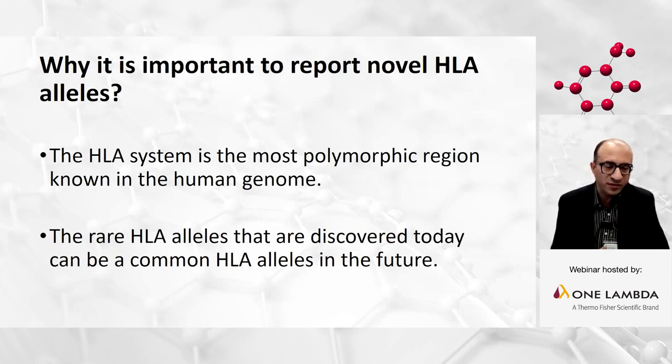Even now NGS is the most current method for typing, but maybe in the next 5 or 10 years there will be another method, and more alleles will be discovered as well, and it'll be easier for the labs. The other thing is, as you have seen, that the CWD has been updated, so the rare alleles that you discover today can be common HLA alleles in the future.